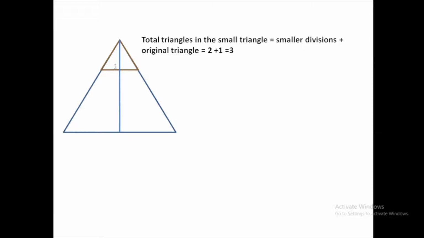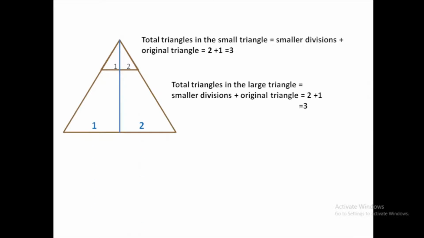So it's 2 plus 1, 3. Now let's look at the bigger original triangle. So it's again 2 small triangles and the original triangle itself. So the total number of triangles in the larger triangle is also 3. 3 plus 3 is equal to 6. And 6 is the total number of triangles in this particular figure.